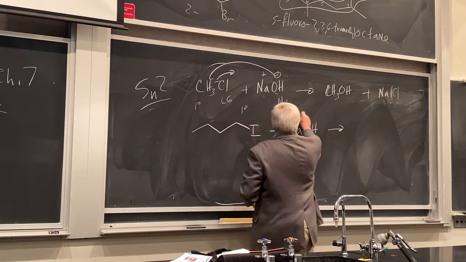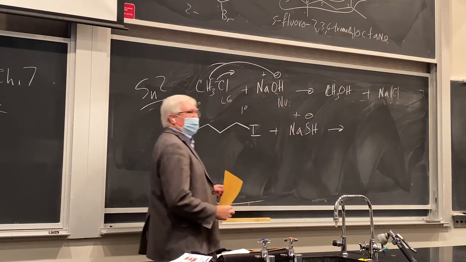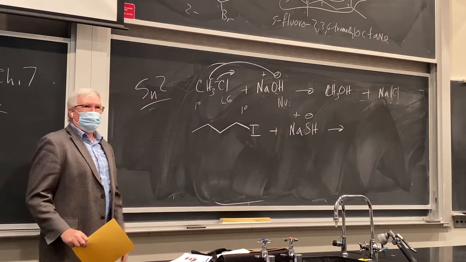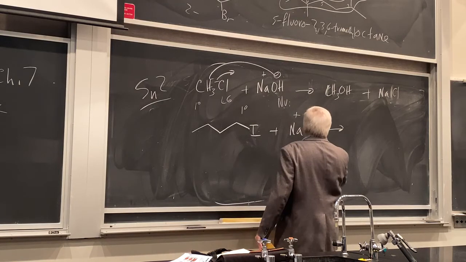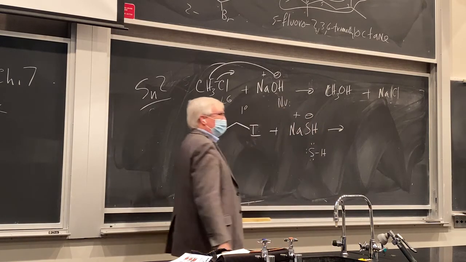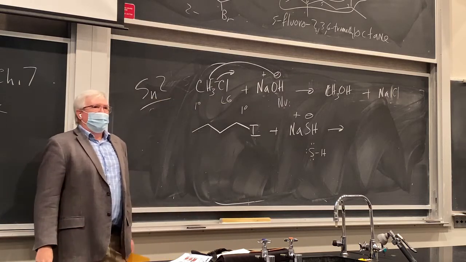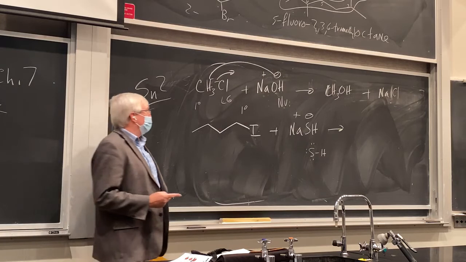Sodium, yeah, the metal's always positive charge. Sulfide, HS on the sulfur will be the negative part there. And remind yourself what that looks like Lewis dot-wise. Right? 6 valence electrons for sulfur, negative charge, so it's got 3 lone pairs, and it's charged. So that's a very good nucleophile, right?